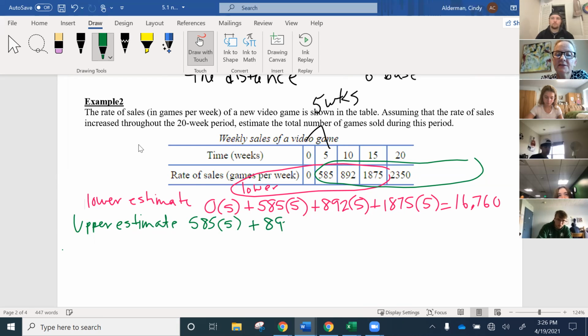And then we go to the next one and so on. And as you would expect, these numbers are going to be bigger, because the numbers get bigger each week. If you add all those up, you'll get 28,510.